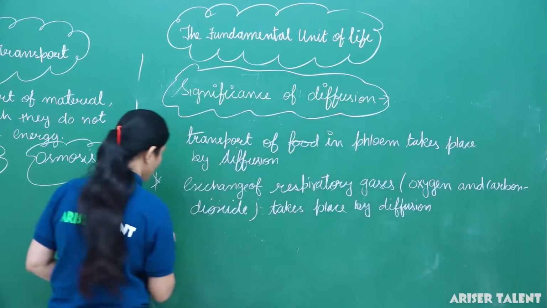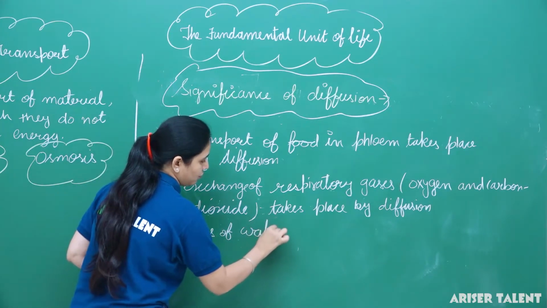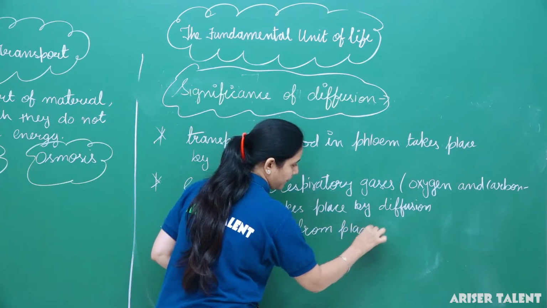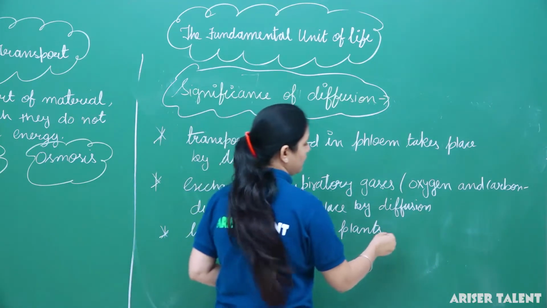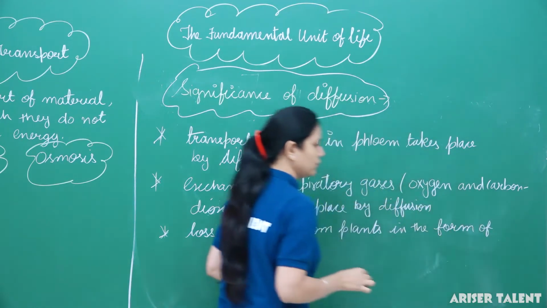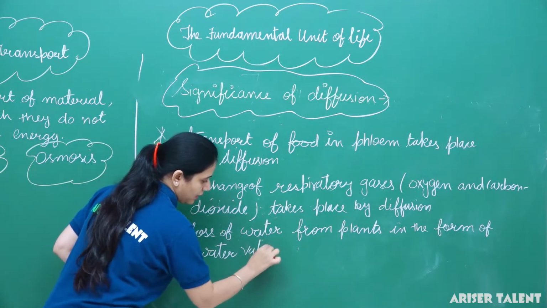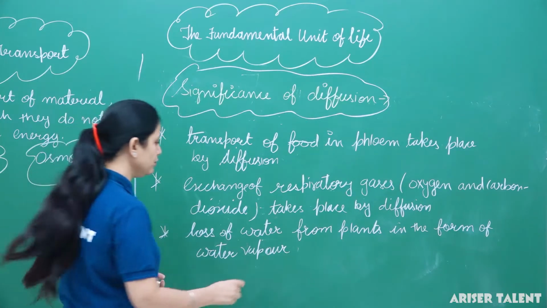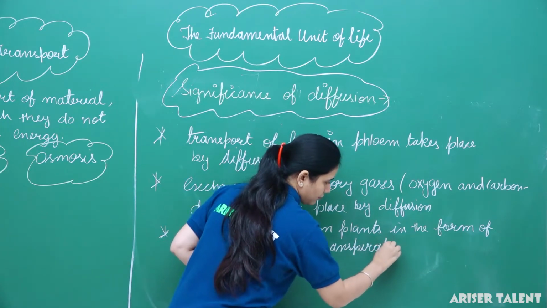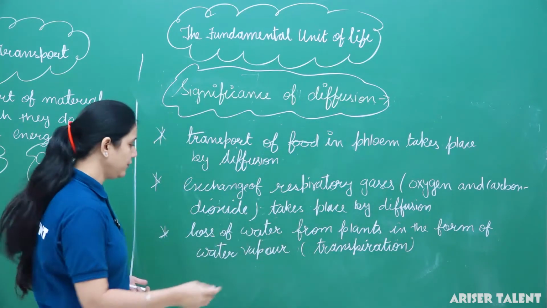Another example is loss of water from plants in the form of water vapor, and that process is known as transpiration. So this also takes place by the process of diffusion only.